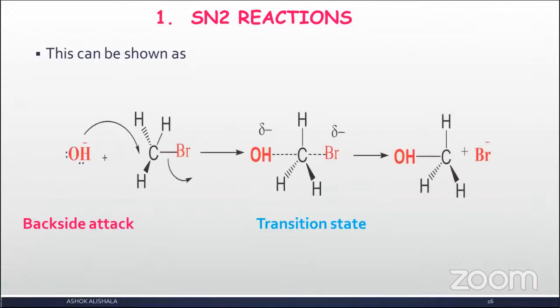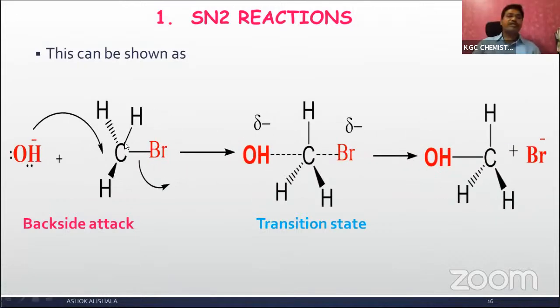Let us see here. Here, the bromine is removed. The bromine is now here, on the right side. Suppose, imagine here your left and right. For the carbon, the bromine is on the right side. And the hydroxide ion will be attached on the opposite side to the leaving group.